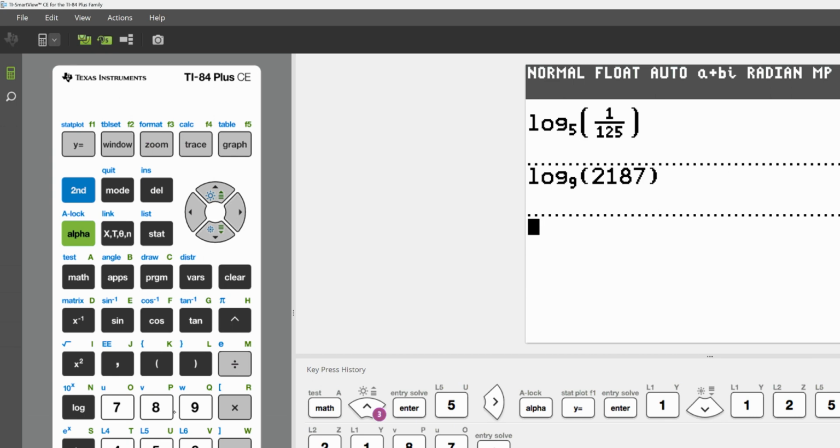Okay. Alpha, y equals. Enter. If you do have trouble finding it, like for 1 over 125, that's the same as 1 divided by 125, yes? So you can do division too.